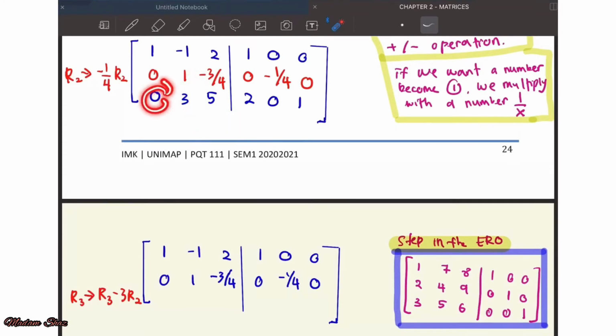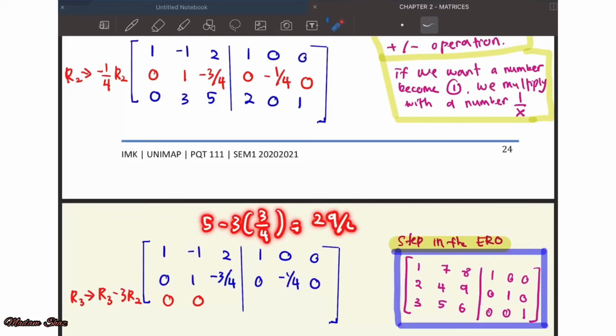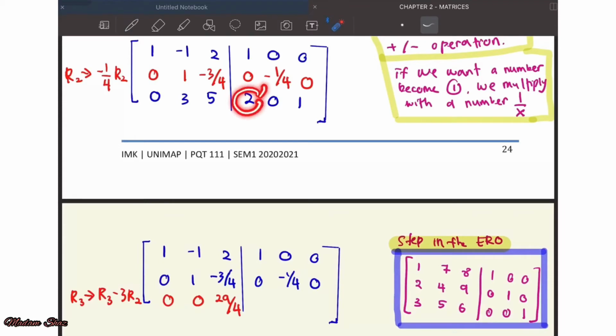So 0 minus 3 multiply 0 will become 0. 3 minus 3 multiply 1 will become 0. 5 minus 3 multiply negative 3 over 4, 5 minus 3 multiply 3 over 4, this one will become 29 over 4. 2 minus 3 multiply 0 will become 2. 0 minus 3 multiply negative 1 over 4, negative 3 over 4. 1 minus 3 multiply 0 will become 1.